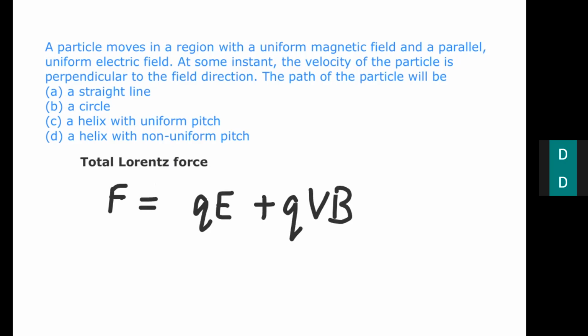Here we can see that the magnetic field B does not change the speed of the particle, but changes its direction. But as an electric field is also present, it will accelerate the particle in the direction of the field, and so it will again be a helix, but this time with a non-uniform pitch.